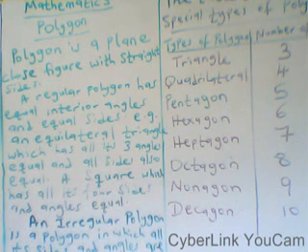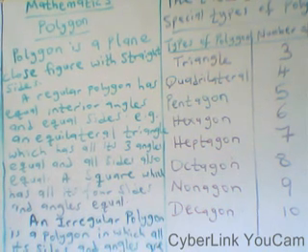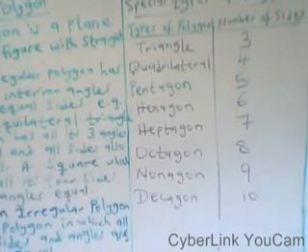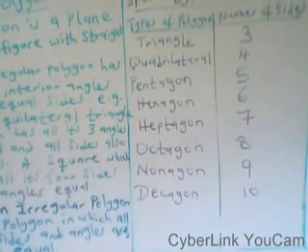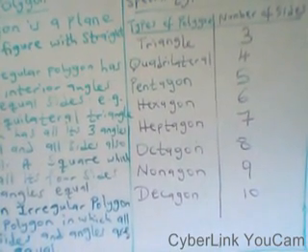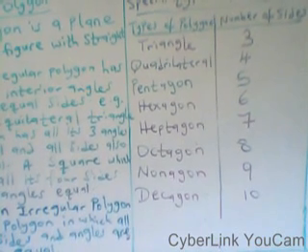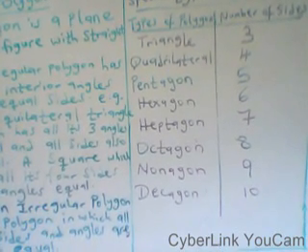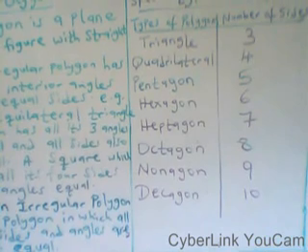The table below shows the special types of polygon and their corresponding number of sides. So we are going to start from number one, which is a triangle. A triangle is the first type of polygon that we have.